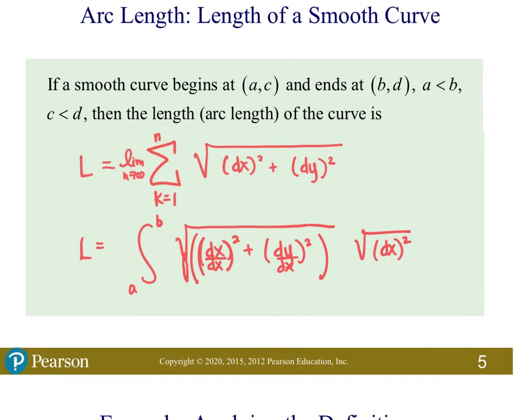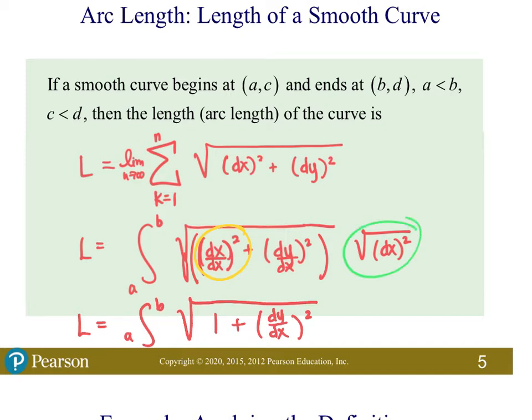So L is equal to the integral from a to b of the square root of, well, dx divided by dx, quantity squared, is just 1, and then the next quantity is (dy divided by dx) squared. Then the square root of something squared is dx. So the length overall is the integral from a to b of the square root of 1 plus the derivative squared, with respect to x, dx. That is the more familiar expression for the length of any curve.